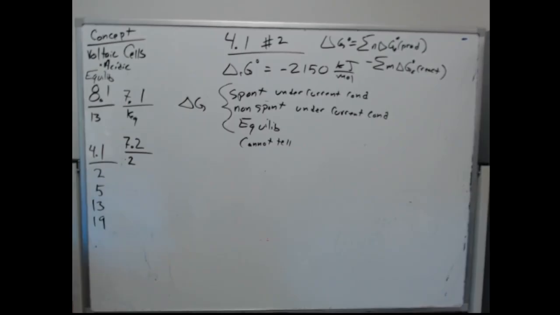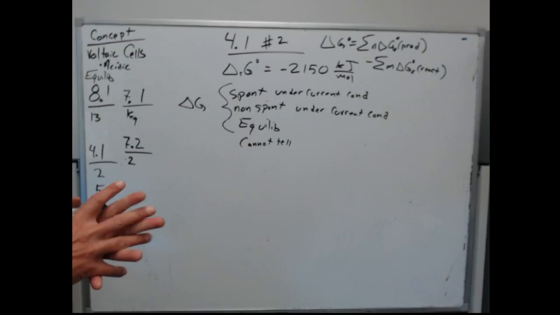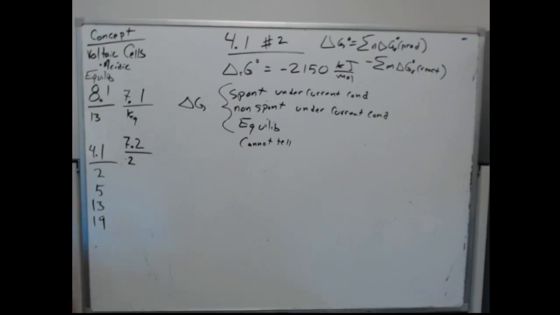Okay, wait. So spontaneous and non-spontaneous is only for non-standard delta G? Well, that is more or less right. The term spontaneous, non-spontaneous is really a physics term. It has to do with something that's going to happen as a phenomenon, or a phenomenon that's not going to happen.